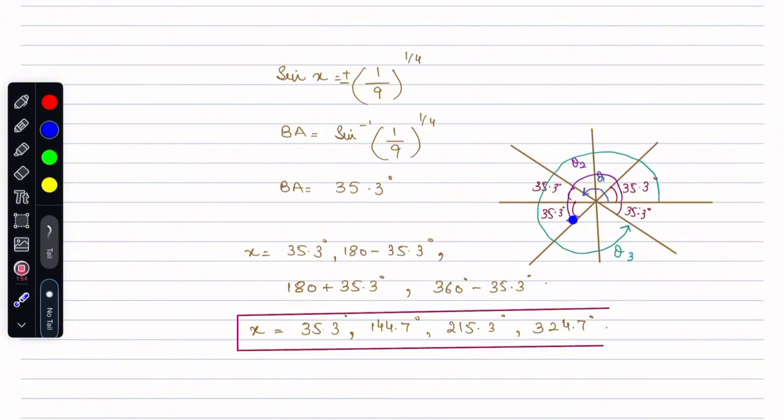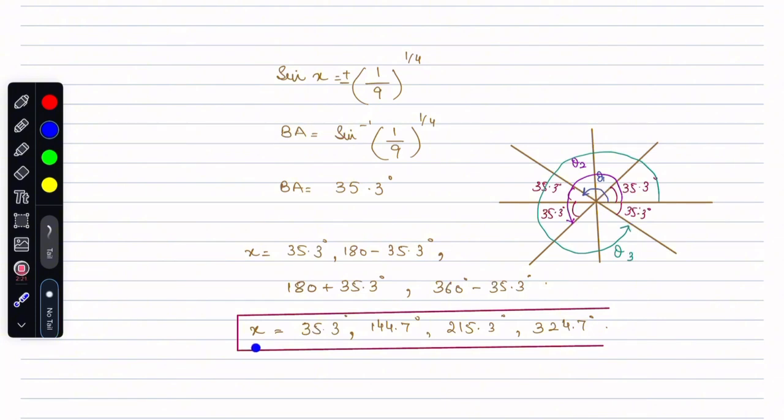It's a little ahead of 180, so I will be saying it's 180 plus 35.3 degrees. And then finally, for this angle of rotation, it's a little behind 360 degrees. So starting from 0 up till the line, I shall say it's 360 minus 35.3.